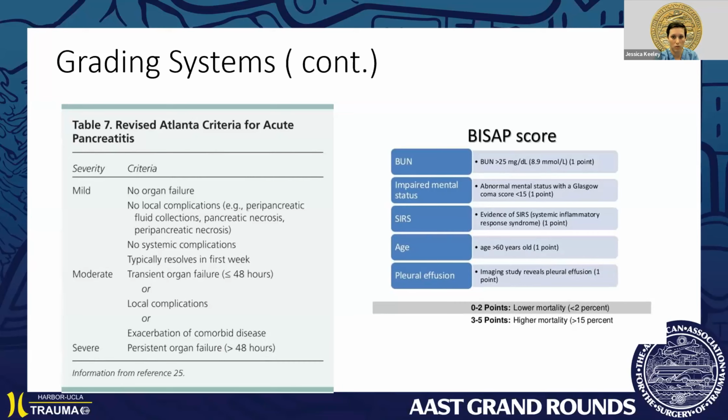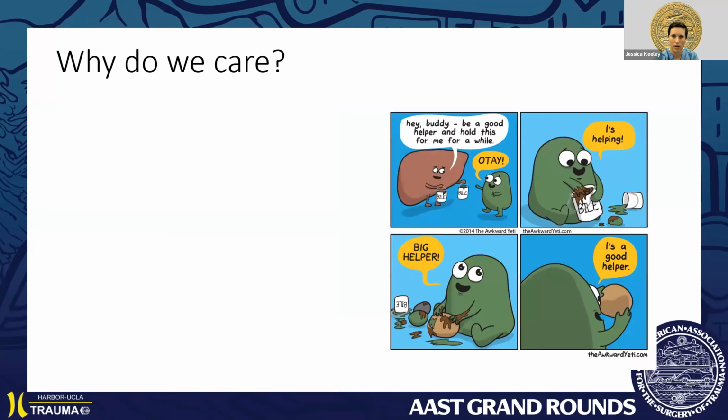Why am I boring you with these scoring systems and going through things that you maybe don't want to think about? Again, why do we care? These gallbladders working so hard and making their little stones. We care because the severity of pancreatitis really is going to lead us to early operative intervention.